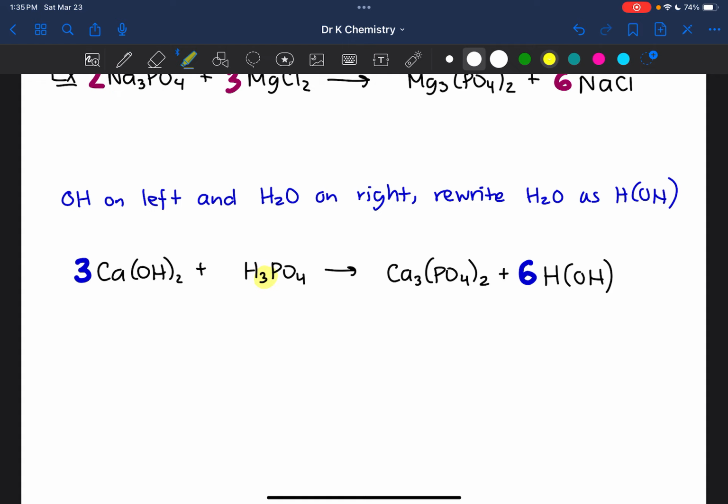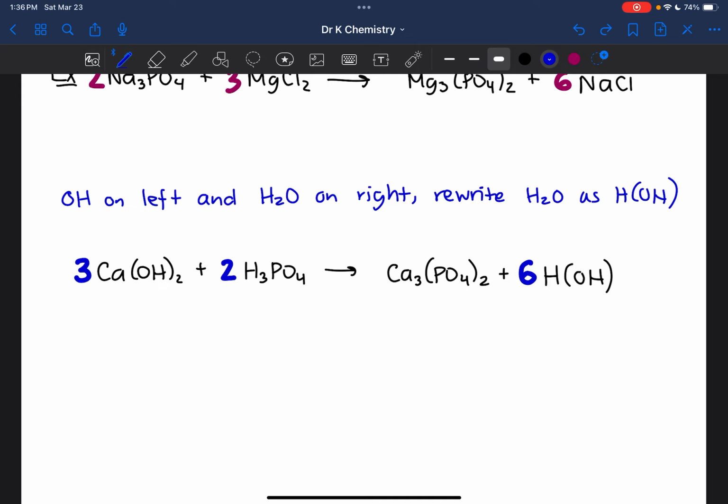Notice on the left we only have 3 hydrogens. So I'm going to fix that by multiplying that by 2. And now we have 2 times 3 hydrogens. That gives us 6 hydrogens. And we also have 2 times 1, 2 phosphates. And notice that on the right, we have 2 phosphates. So that actually ends up fixing everything, and this equation is now balanced.